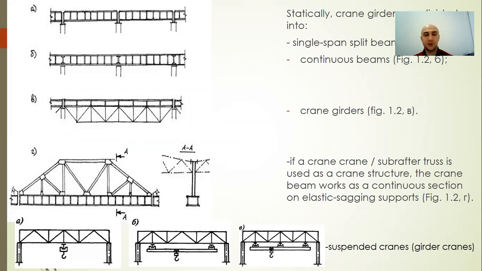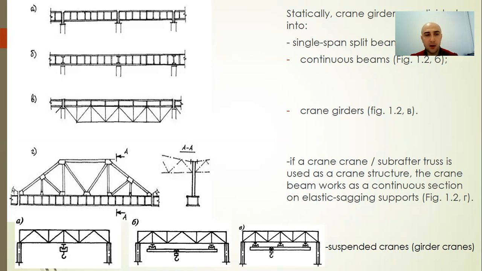The most commonly used types are split crane beams, continuous crane beams, and just continuous beams. Single span split beams are easiest to install and insensitive to the settlement at the support. However, they have an increased steel consumption.